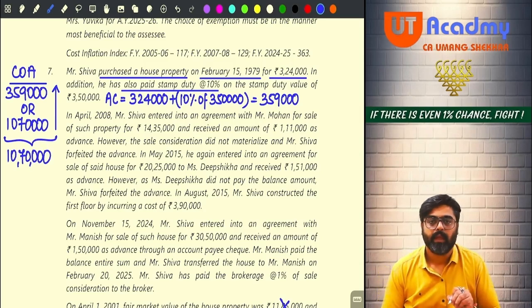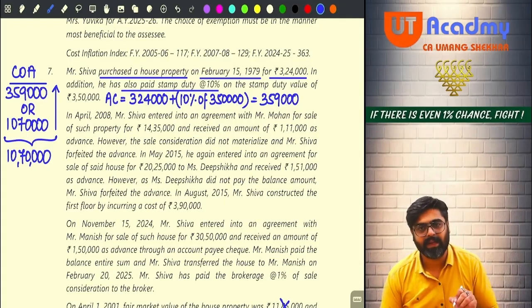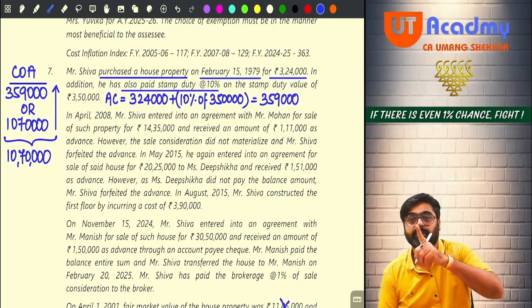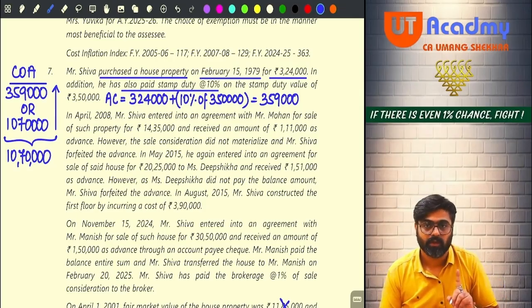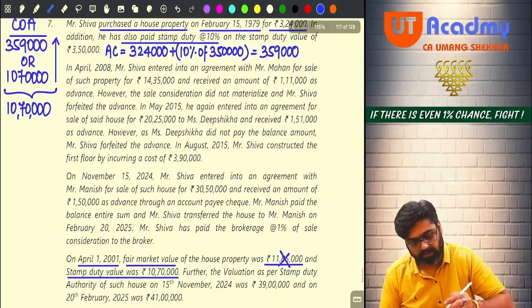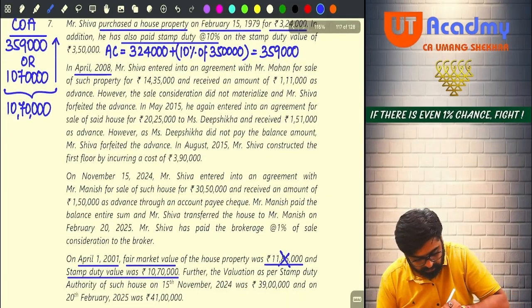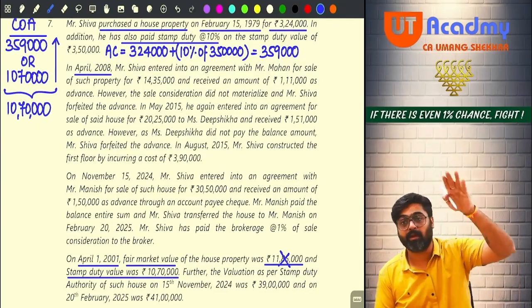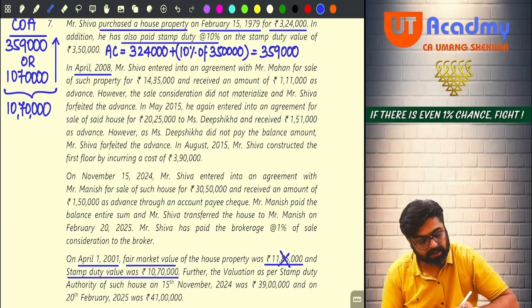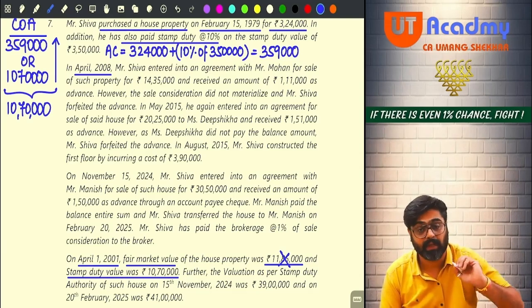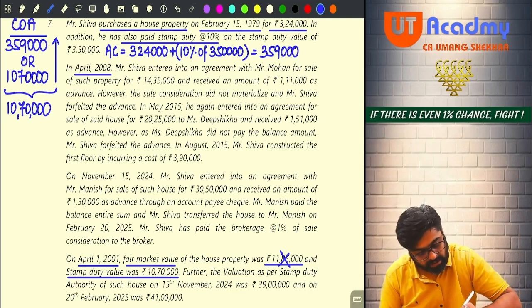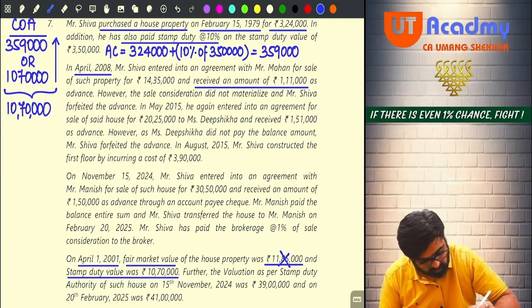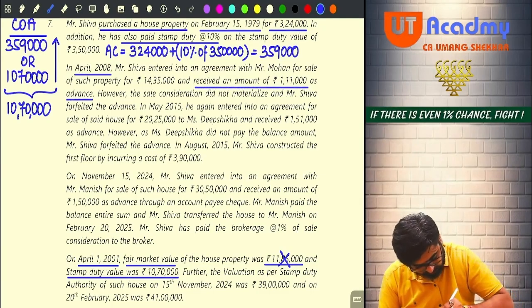But wait, if you have received and forfeited any advance prior to 1st April 2014, even that advance will be adjusted out of this cost. So what happened now? Mr. Shiva in April 2008, can I say prior to 1st April 2014, entered into an agreement with Mr. Mohan for sale of such property for 14,35,000 and received an amount of rupees 1,11,000 as advance.